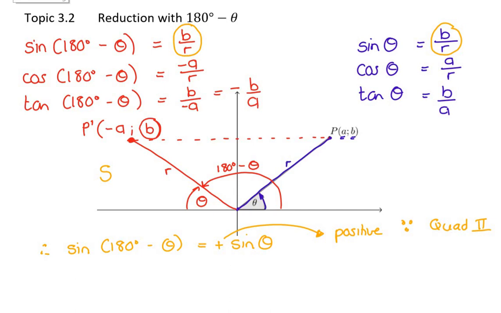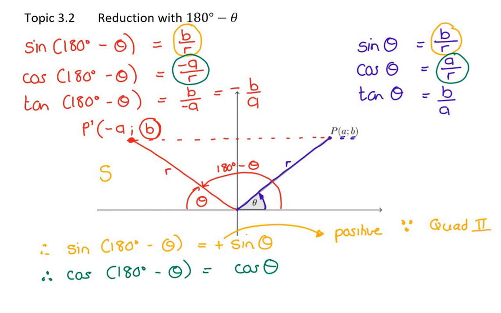So let's look at the next relationship. Cos of theta is a over r. If you rewrite an angle as 180 minus theta, it's still a over r, except it's now the negative version. So these are cousins in that they have exactly the same ratio, but this is the negative cousin. Therefore, I can conclude that cos of 180 degrees minus an angle can be reduced to the same ratio as cos of theta, however it's the negative version of cos theta.